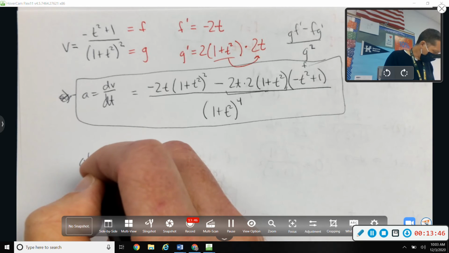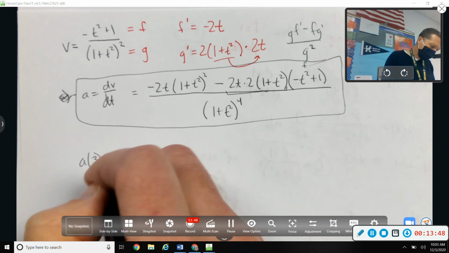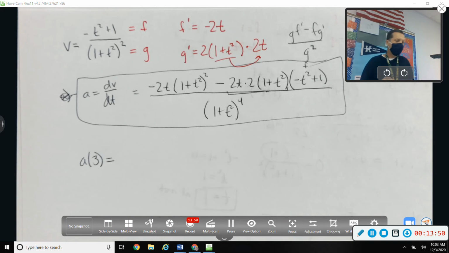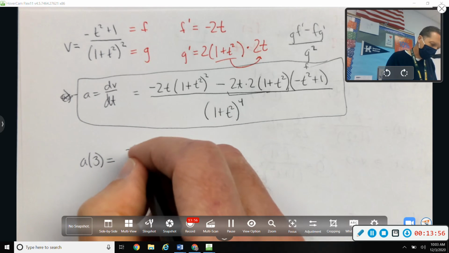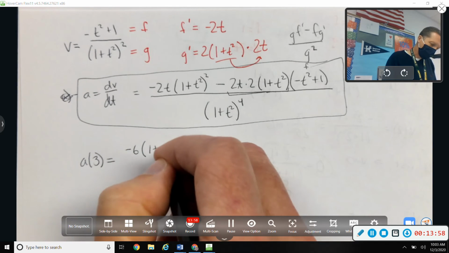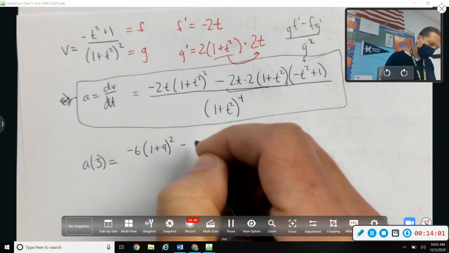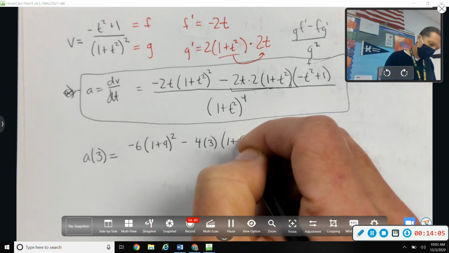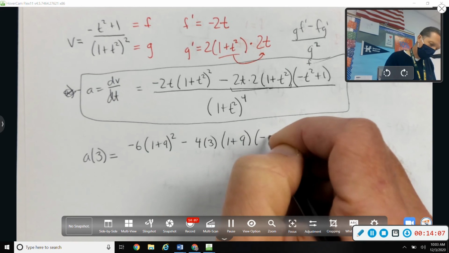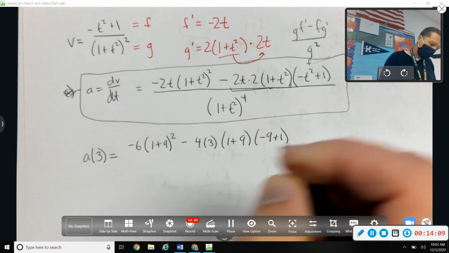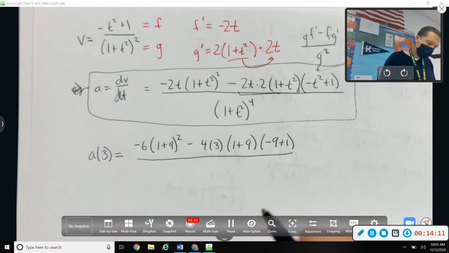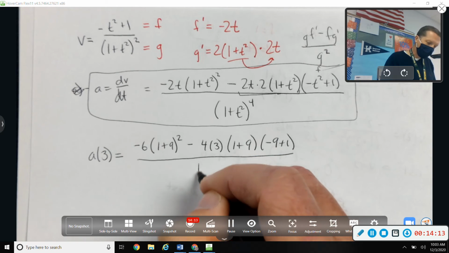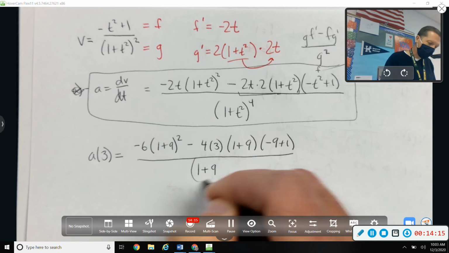And then it wanted the acceleration at 3 seconds. Again, maybe cleaning that up makes it easier to plug in 3, but I don't even know that that's the case. I'm just going to plug in 3 where it is, as it is. It's not abusing the safe stop, it's using it to your advantage.